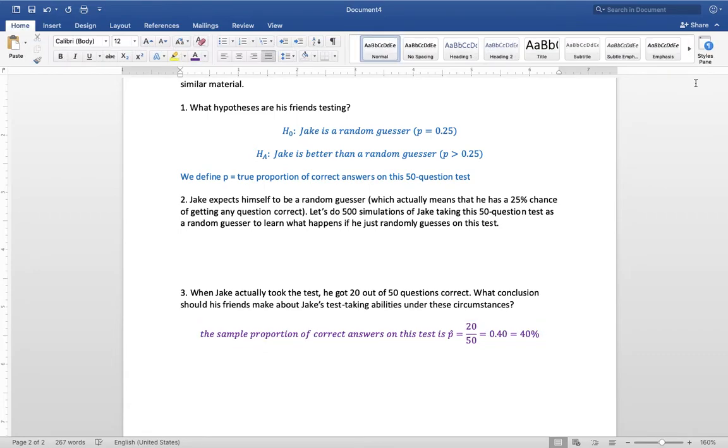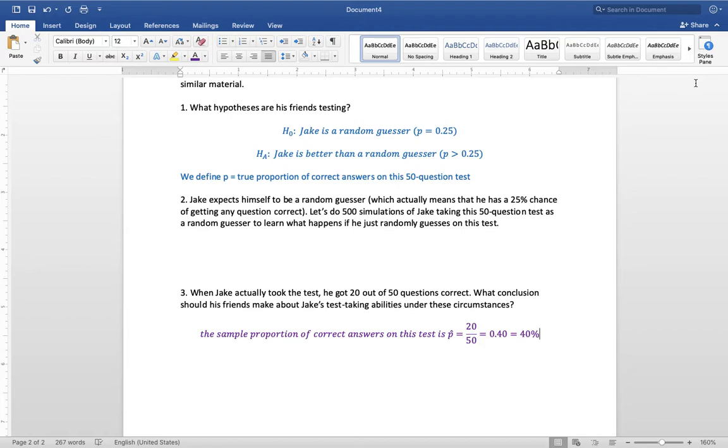So Jake actually took this and he actually scored a 40%. So think about that. We expect Jake, as a random guesser, to score a 25%. Well, he got 40. So you might be starting to sit there like, oh, well, Jake didn't pass the test, but he didn't do as bad maybe as a person who randomly guesses.